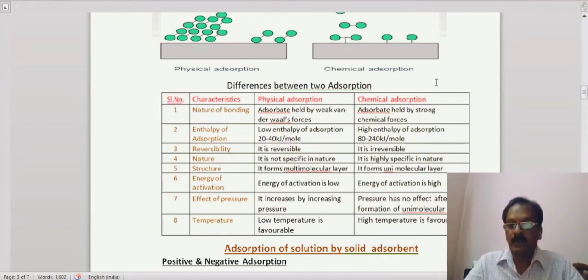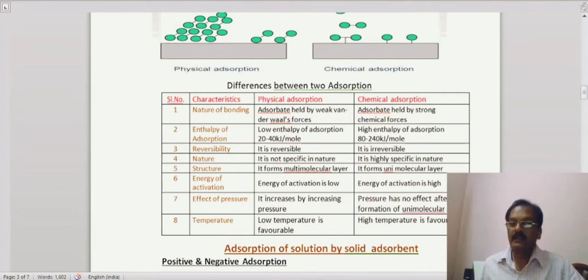Now, what is the effect of pressure? In physical adsorption, adsorption increases as you increase the pressure, while in chemical adsorption pressure has no effect after the formation of a unimolecular layer. If you take a gas to be adsorbed on the surface of a solid, when you increase the pressure of the gas, more and more molecules approach the adsorbent, and adsorption goes on increasing.